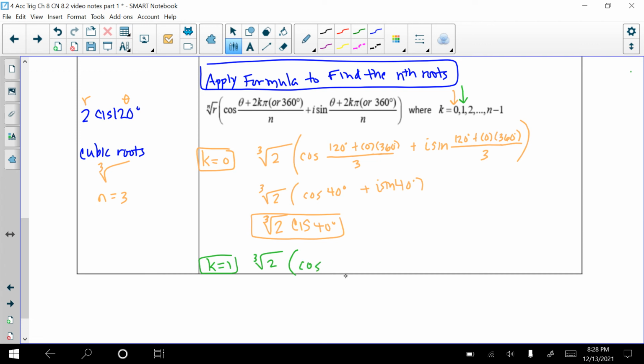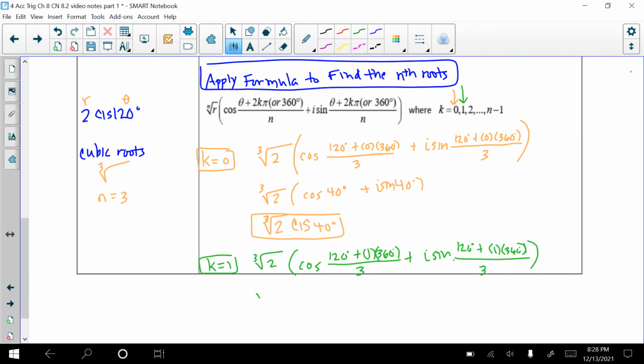We've got cosine of 120 degrees plus 1 for k this time times 360 all over 3, the n value. Plus, of course, i times sine of 120 degrees plus 1 times 360 degrees all over 3.